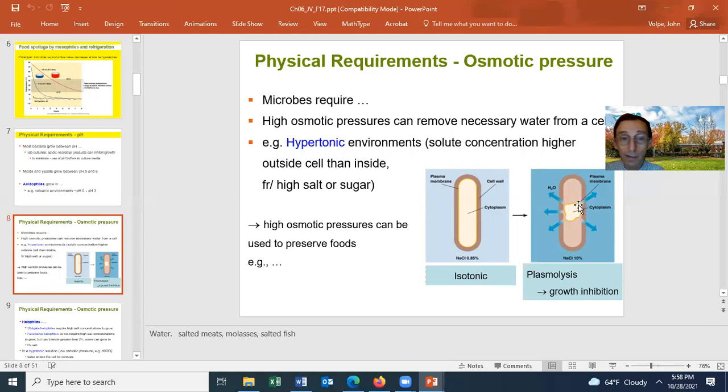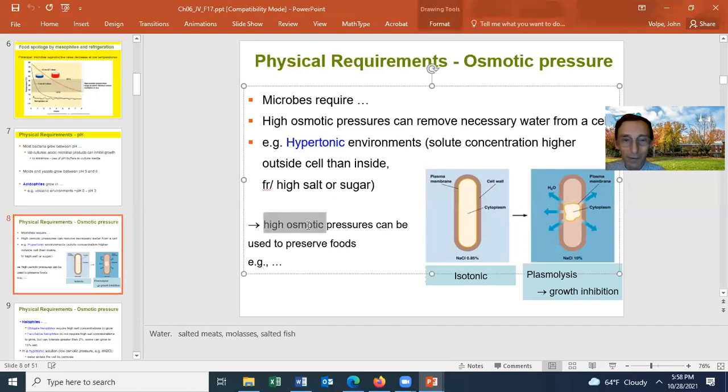We use high osmotic pressure to preserve a number of foods, such as salted meats. I said molasses already. Honey, the same thing. Salted fish. Another one that I only learned about recently, I actually looked up, why does peanut butter not spoil?